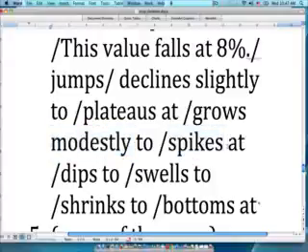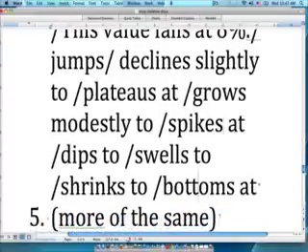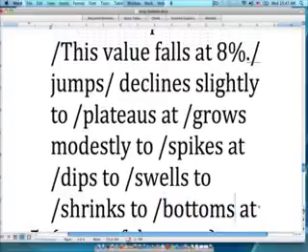So if the value goes up very sharply and then maybe comes down a little bit, this is a spike. Spikes at. Dips to, which means falls to. Swells to, gets bigger. Shrinks to, gets smaller. Bottoms at, which would be the lowest value in the graph or whatever you're being shown. Okay, I hope a few of those phrases are helpful.